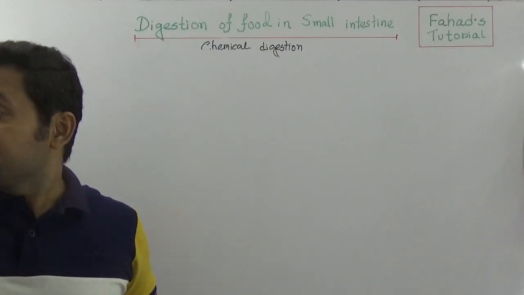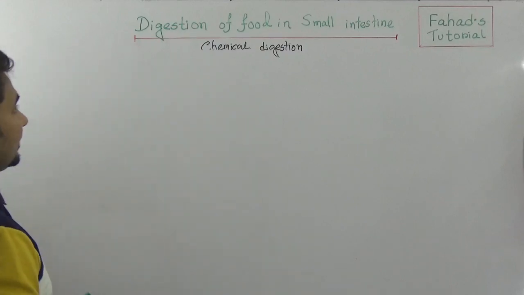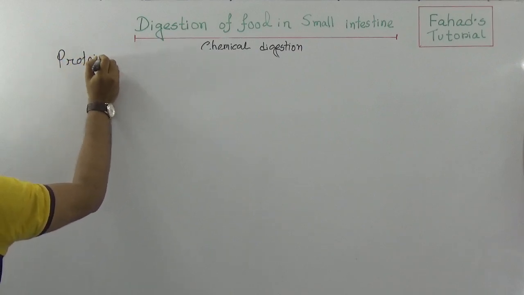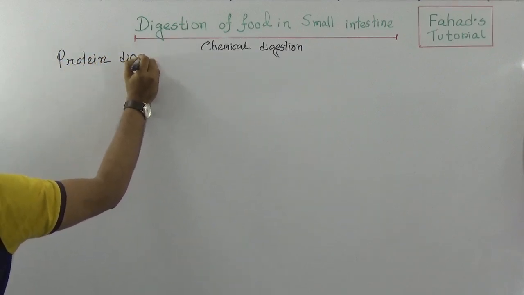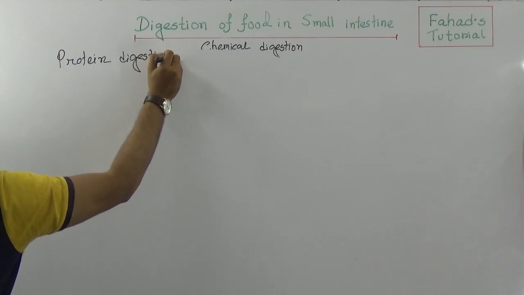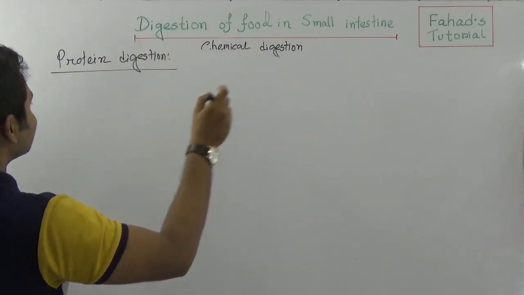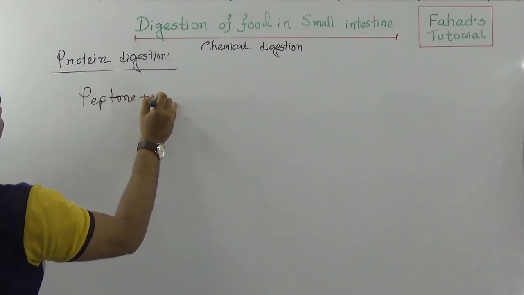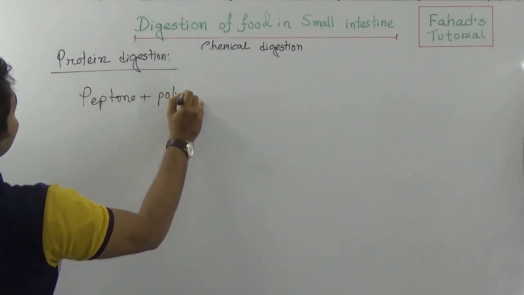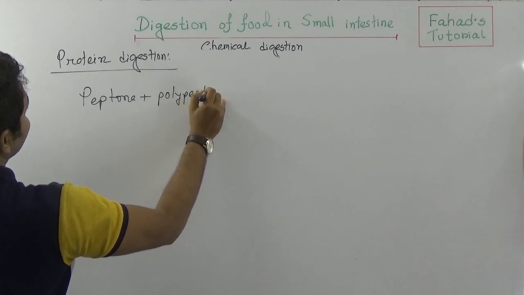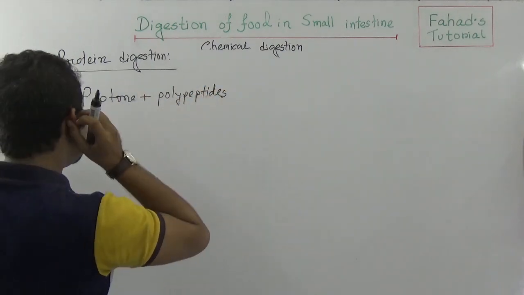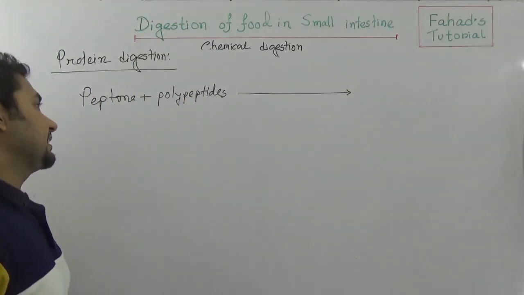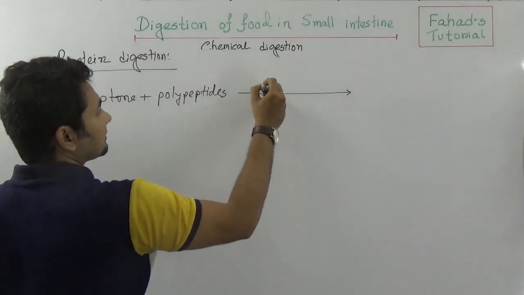That we need glucose from carbohydrate. So if you think about protein digestion, now you remember what happens in the stomach, that peptones and polypeptides, now they will be breaking down with the activity of a proteolytic enzyme, and that is trypsin.